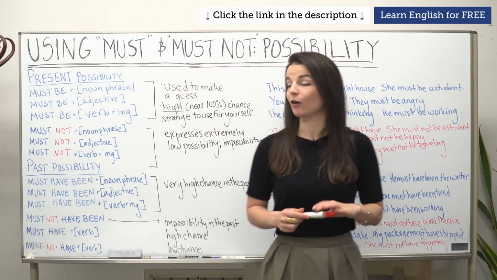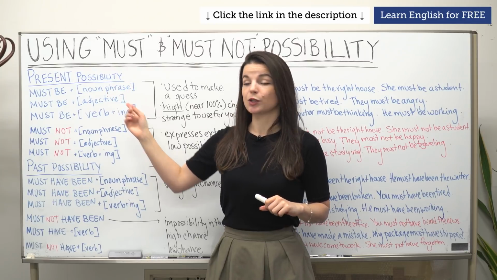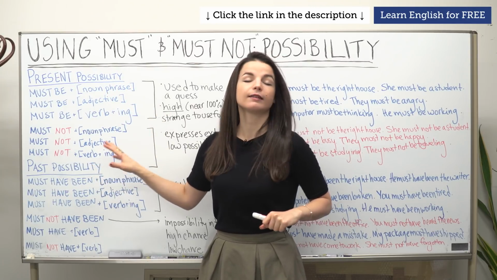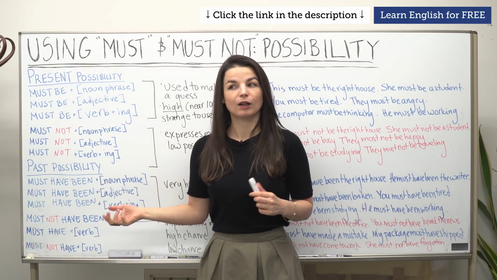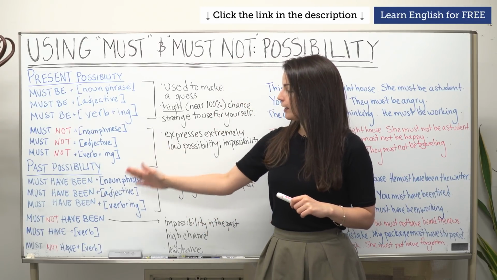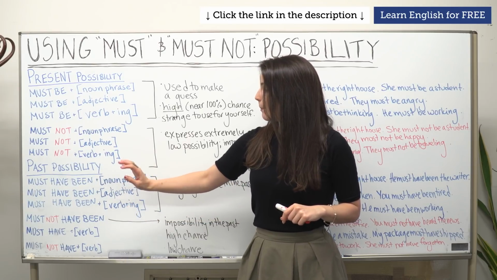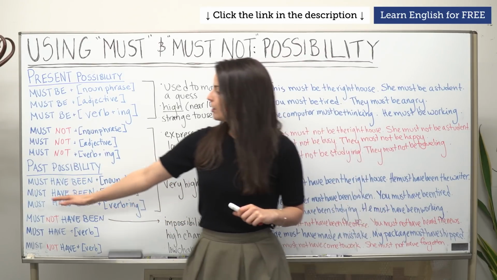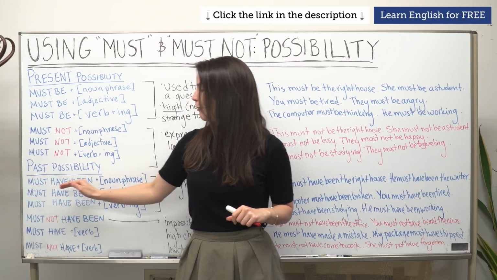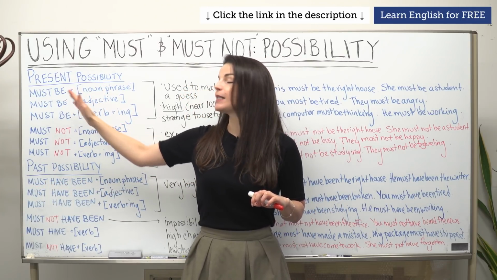Okay, now let's take a look. Let's move from present possibility to past possibility. This gets a little bit more complicated or a little bit more challenging maybe, but we can keep many of the same patterns really. When we want to talk about past possibility, we need to use a pattern like must have been. So you can see in present possibility, we use must be.